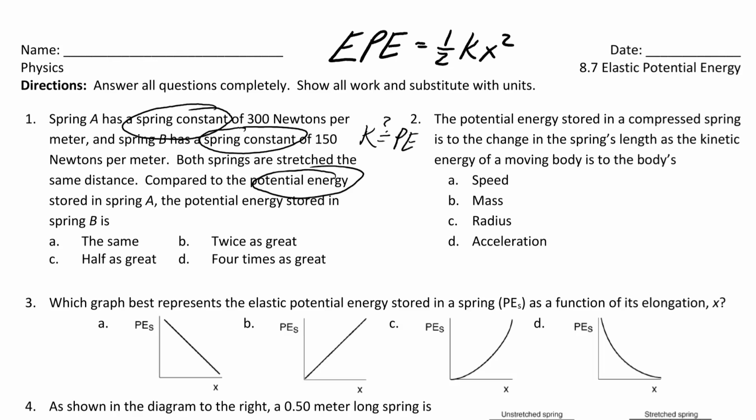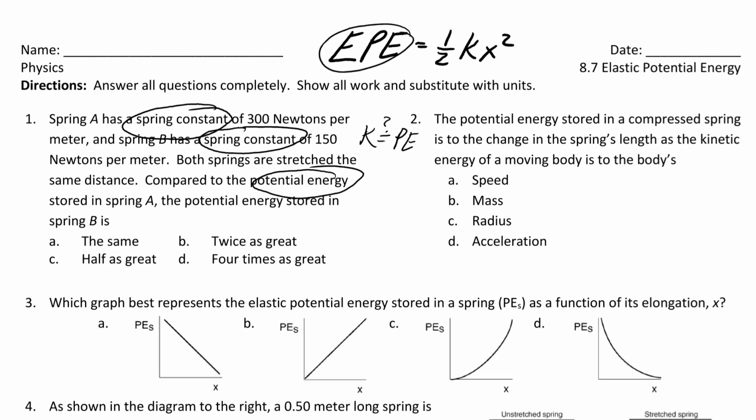All right, how are these two things related? So now we have the potential energy and the spring constant in this equation. Once you figure out what two things they're talking about, you have to find an equation that relates the two variables, and we just happen to have it right here. So what is the relationship between the spring constant and the elastic potential energy? You should recognize that it is a direct relationship.